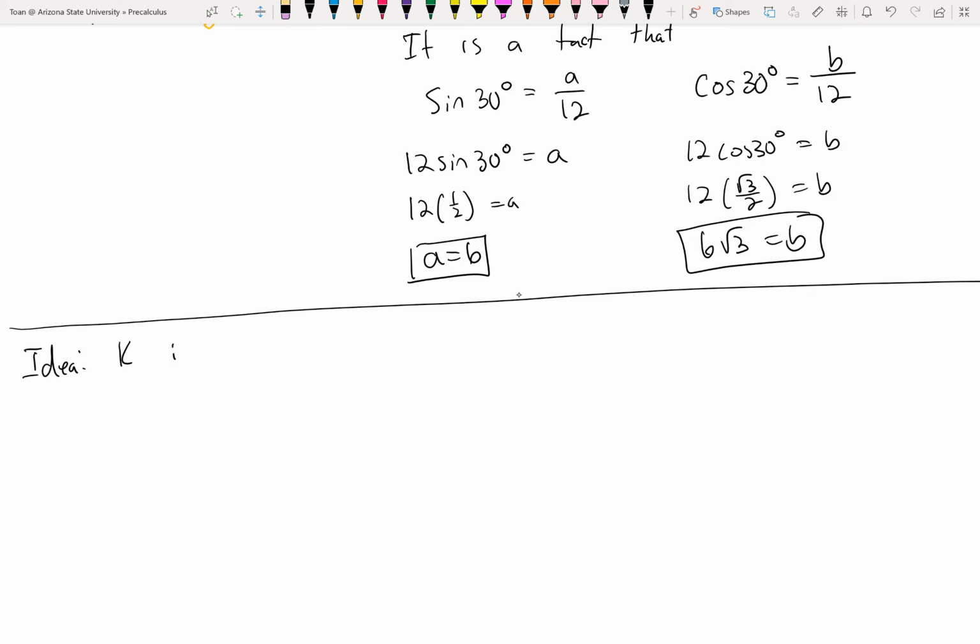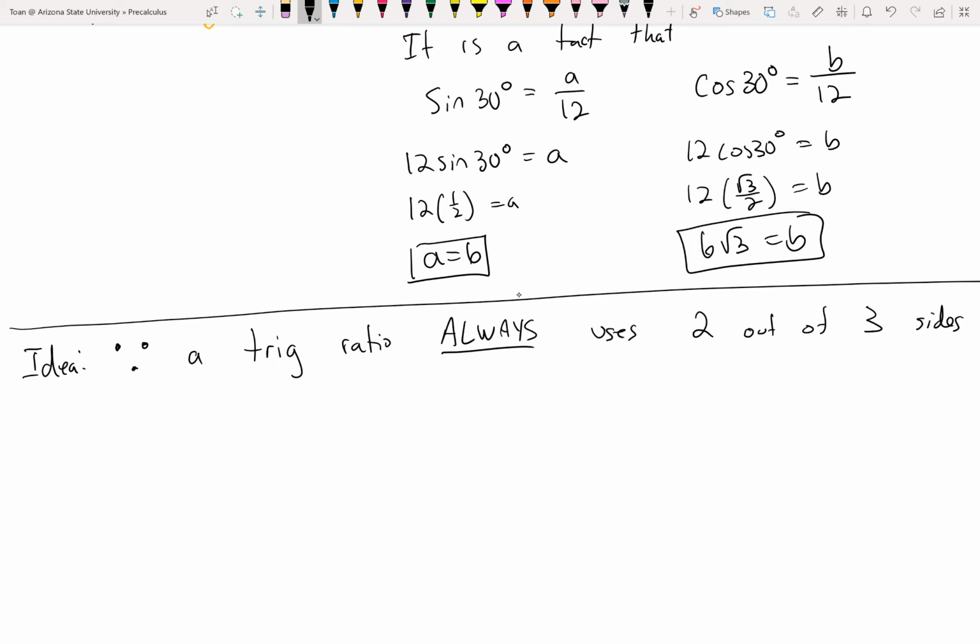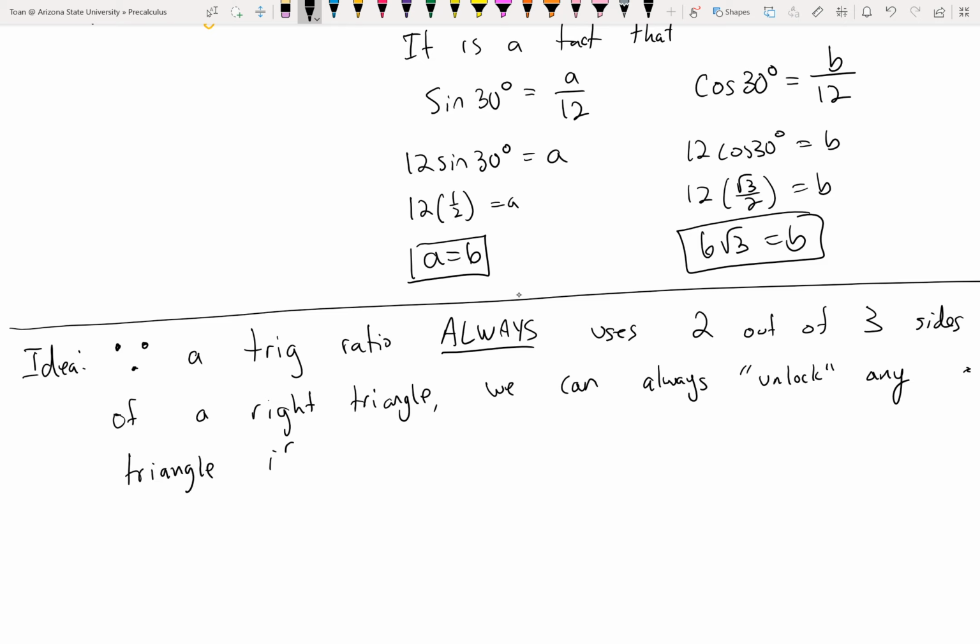Because a trig ratio always uses 2 out of 3 sides of a right triangle, we can always, quote, unlock any triangle if we have a trig ratio.